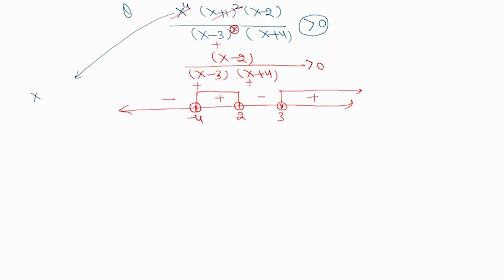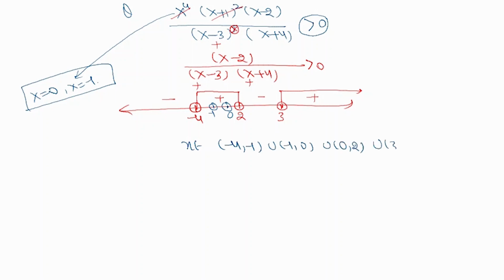We have removed x equal to 0 and x equal to -1. -1 is included, so I need to remove -1, and I'll also need to remove 0. So I need to remove both of these roots. So the answer to this question finally will be x belongs to from -4 to -1, union -1 to 0, union 0 to 2, union 3 to infinite. So that is the answer to this question.